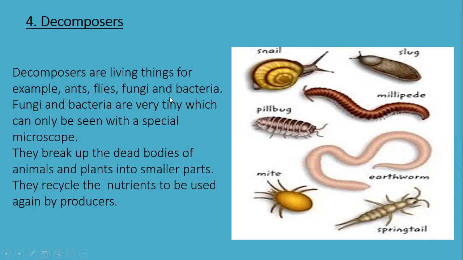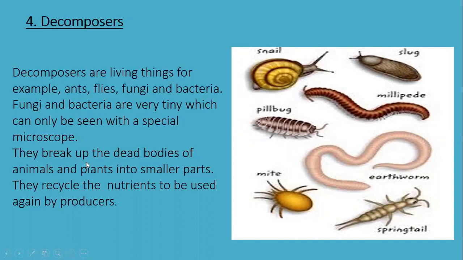What do these things do? Fungi and bacteria are very tiny and can only be seen with a special microscope. We cannot see them with the naked eye. But you can see the ants and flies and other insects. What they do is break up the dead bodies of animals and plants. Understand what they do?